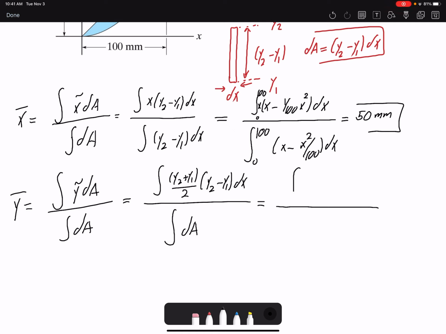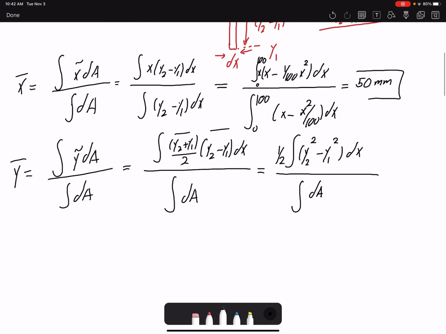Here we can simplify it further. I can take the half outside the integral. y2 plus y1, this parenthesis times this parenthesis, I can simplify according to algebra: y2 squared minus y1 squared, dx over the integral of dA.